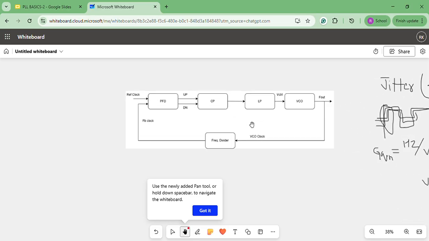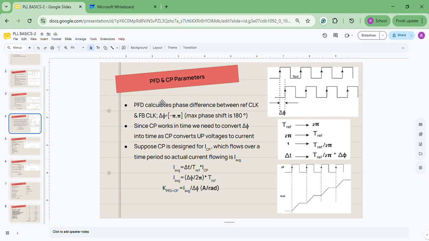So now we have discussed the frequency divider parameter, VCO parameter, and loop filter is basically an RC filter, so we'll focus less on this. We'll focus now on PFD and charge pump parameters. Loop filter is a basic RC filter you can consider. So let's now deep dive into PFD and charge pump parameters.